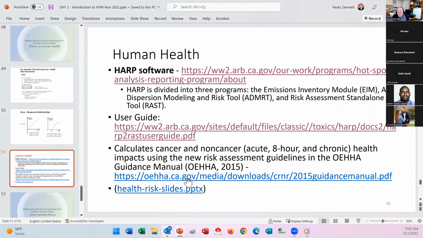Another useful publication is this one. It is a guidance manual for preparation of health risk assessment. So it's more information, more guidance to calculate the effect of air toxics. Again, let's give a look to the index to see if there is any comment. Okay.